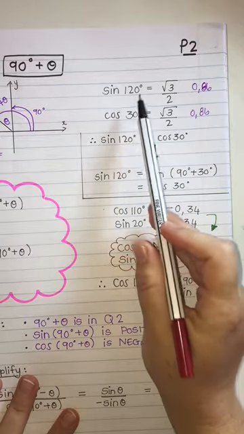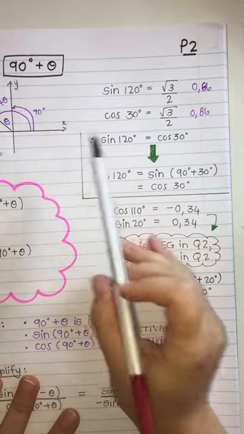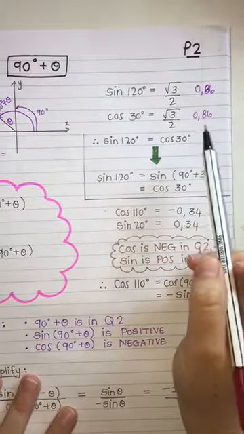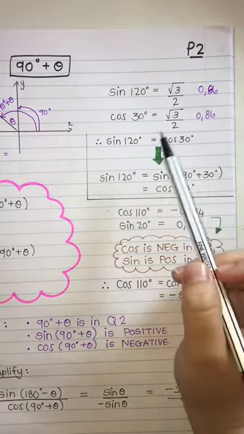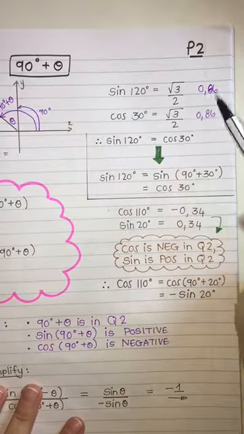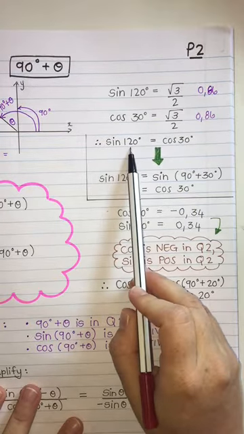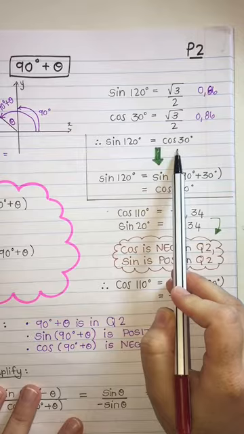Now, do you see that 120 minus 30 gives us 90? That gives us a clue that you can use a reduction formula here because they give you the same answer. So if those two are the same, then sine 120 equals cos 30.